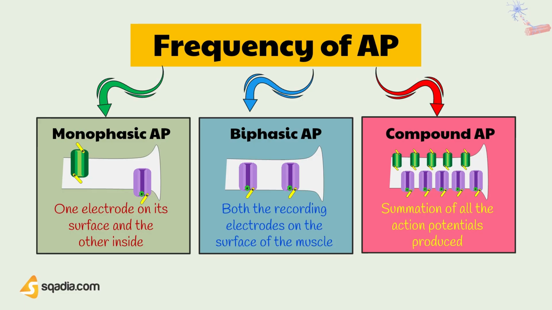So what is the need of measuring this action potential? This action potential is important for measuring the frequency and seeing if the action potential is normal inside the cells or not.